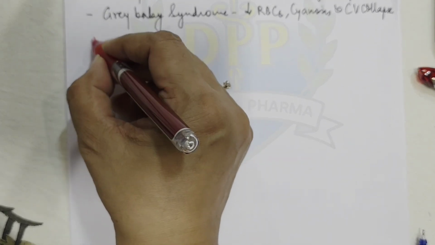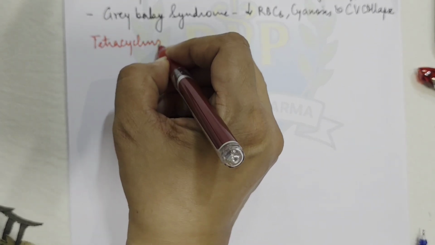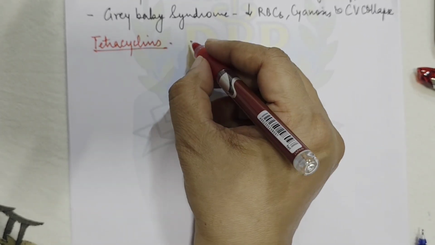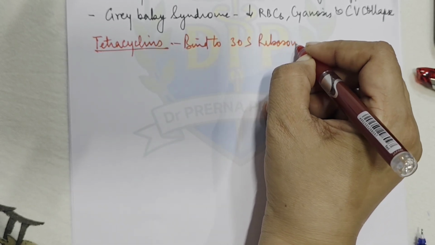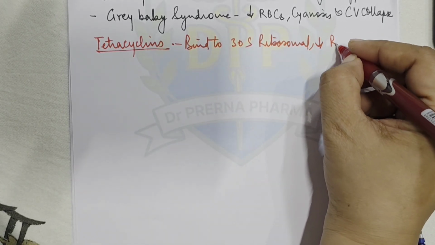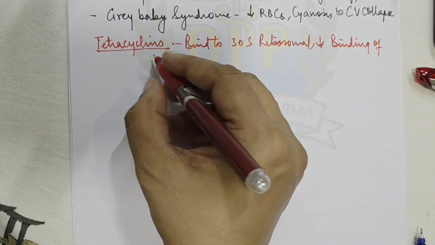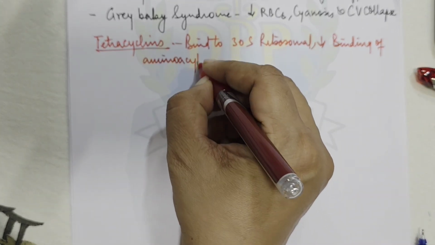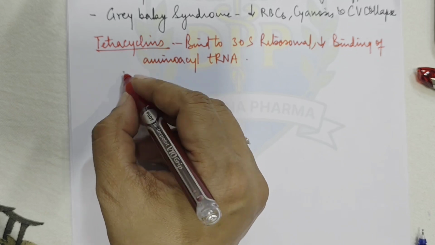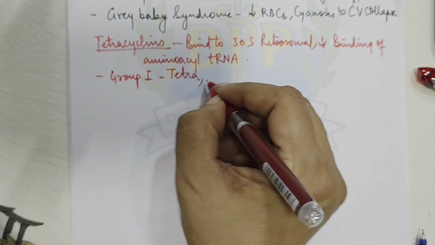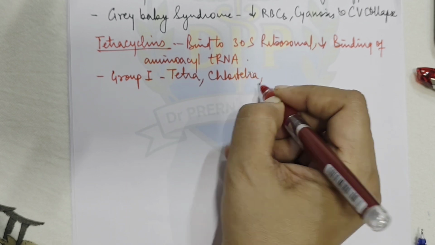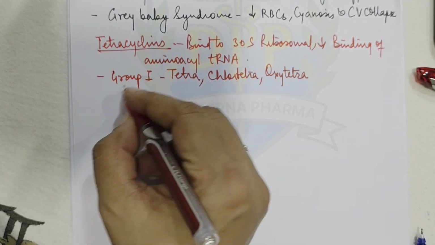Next, we come to tetracyclines. Now these tetracyclines bind to the 30S ribosomal subunit and they inhibit the binding of aminoacyl tRNA, right? It is classified as group 1, which consists of tetracycline, chlortetracycline and oxytetracycline.